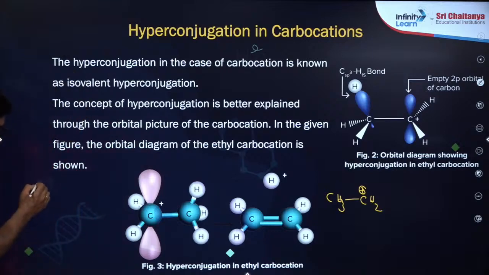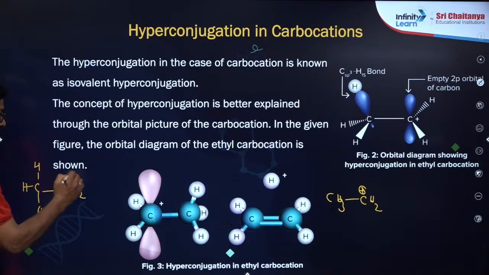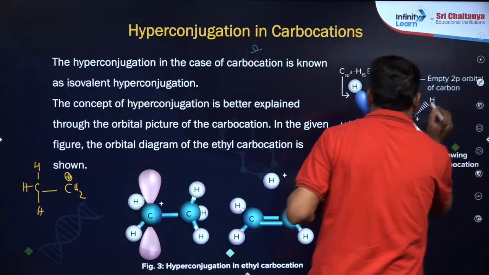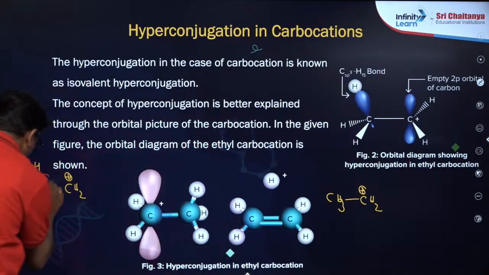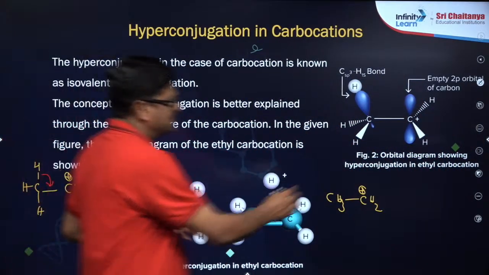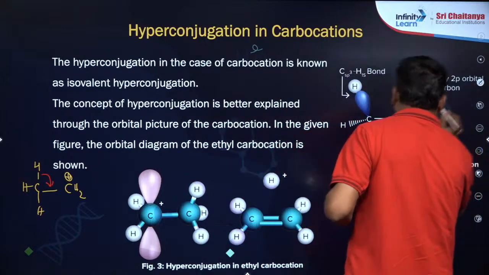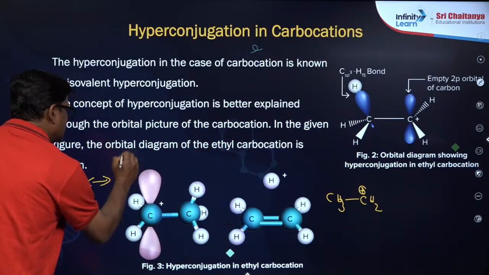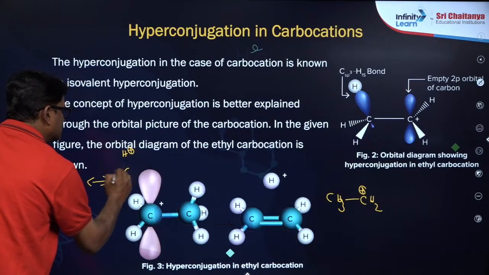So carbon, hydrogen, hydrogen and hydrogen, and this is your carbocation, and there is no bond resonance. This simply comes as a Lewis structure here, and it gives you C, and there is no bond.